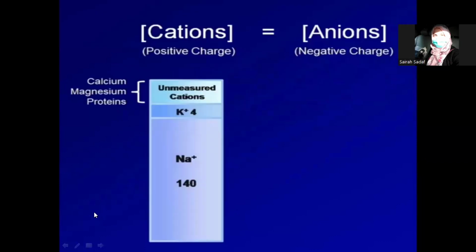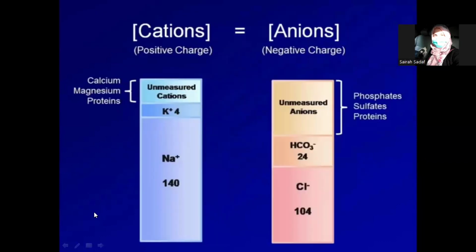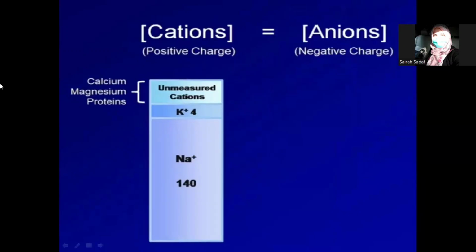These are the cations, and these are the anions. Let me tell you first about the cations. We have sodium and potassium as the positively charged. In the recent guidelines and updates, potassium has been removed from the anion gap. So we will just take sodium.